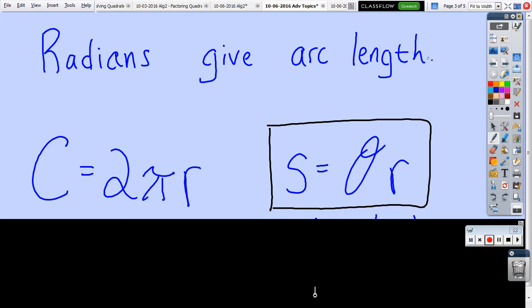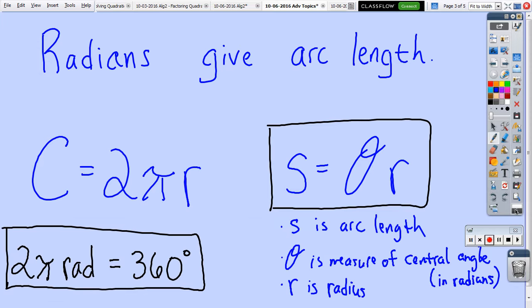This here, S equals theta times R. What this says is this: S is arc length. Theta is the measure of the central angle, which needs to be in radians. And R is actually the length of the radius.